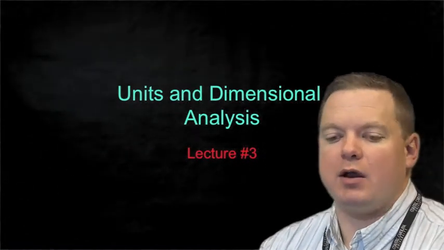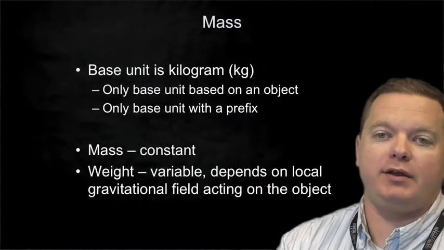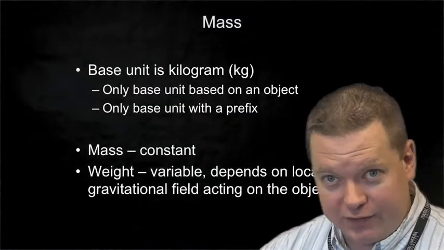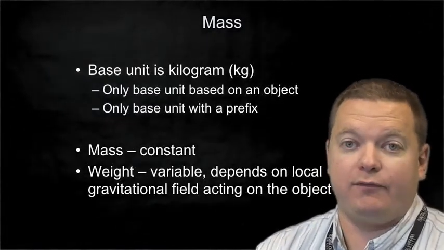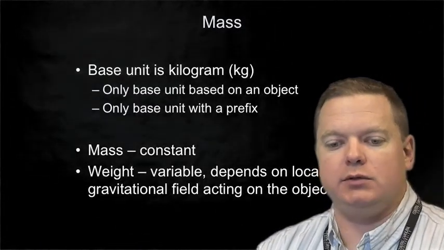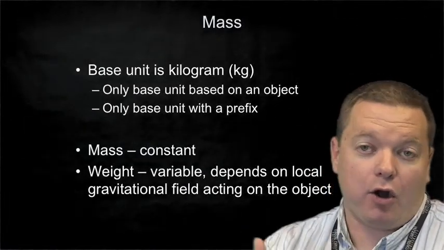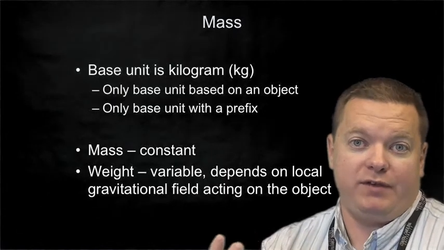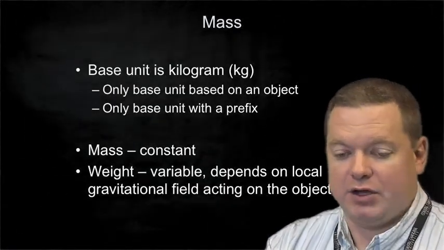So let's start talking about our different base units and what they are. The first one that we're going to come in contact with and use a lot is mass. Mass is something that we're going to measure and talk about quite frequently. And we have to remember that mass is a little different than weight. On Earth they're the same because we've defined them that way, but mass is a constant, it's the amount of material there is.